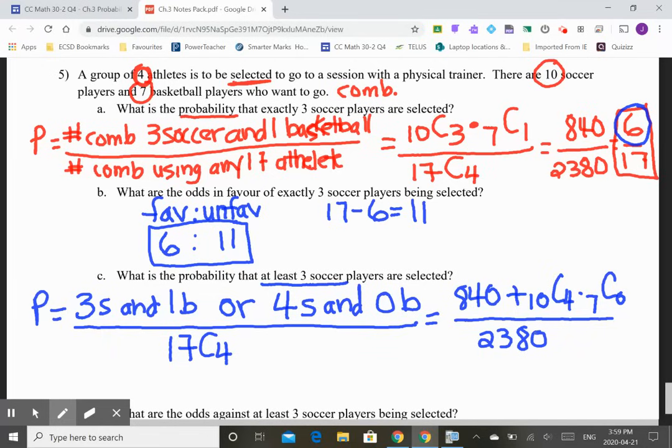Adding that up in the top, that gives us 1,050. So we have 1,050 over 2,380. We can put that number into our calculator and get the reduced fraction, and that reduced fraction is 15 out of 34.